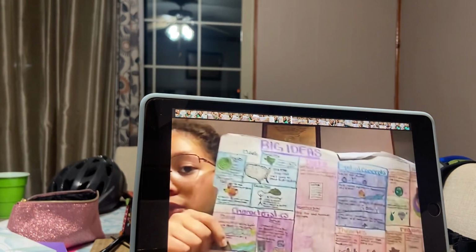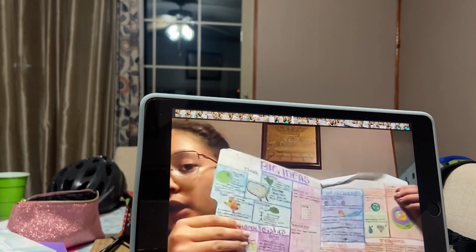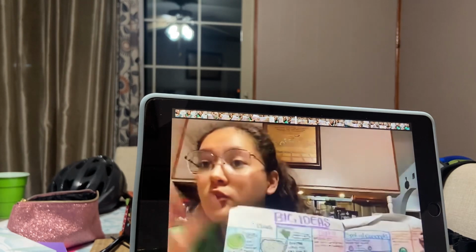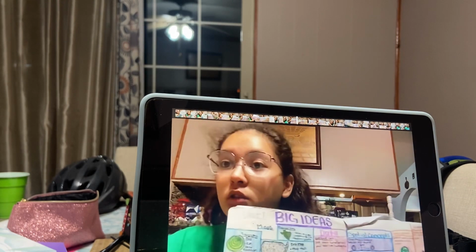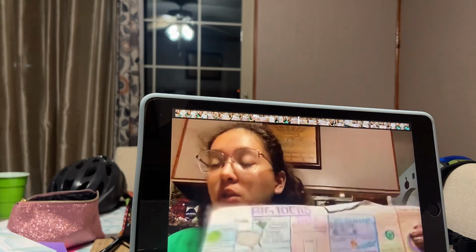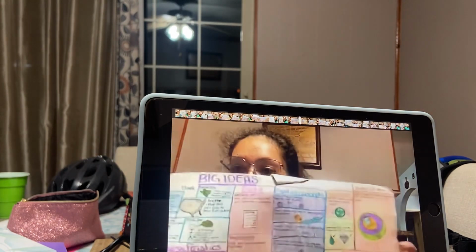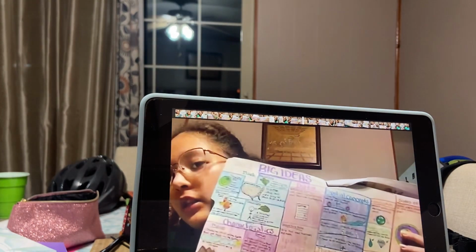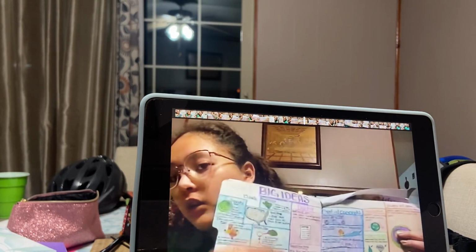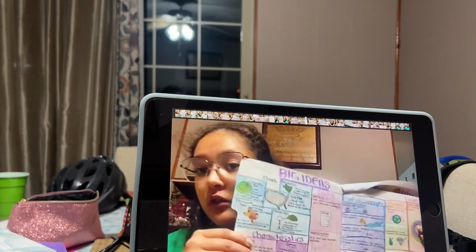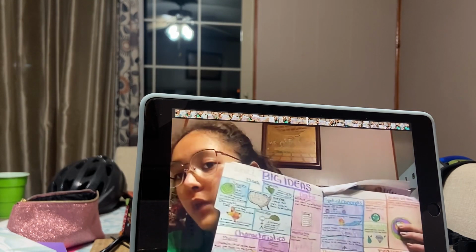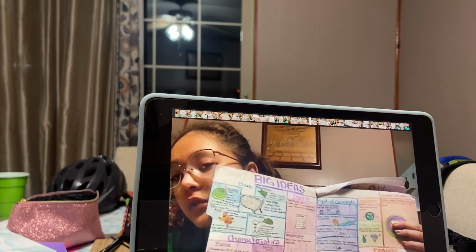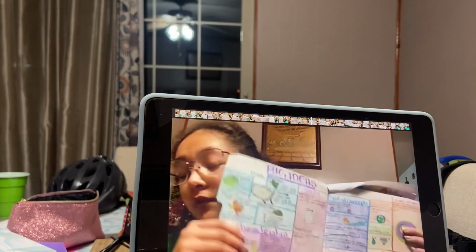Another thing we'll be focusing on, and which is going to help us learn how humans interact with their environment, is theories. We have two main theories: environmental determinism and possibilism. Environmental determinism is a theory where people believe that the environment has an impact on the way people make their cultures, their civilizations, their buildings because of the environment.